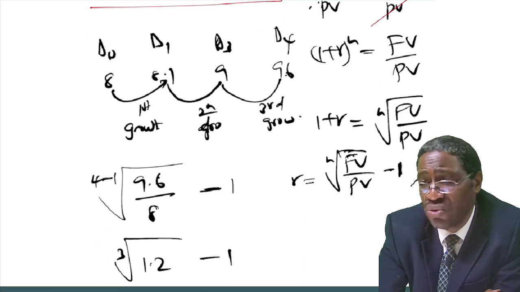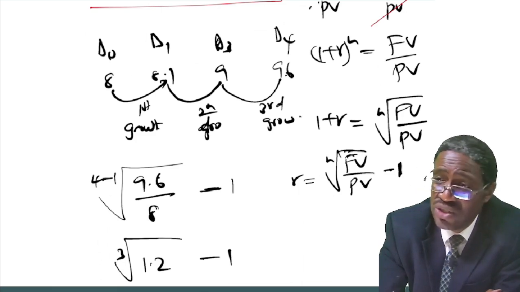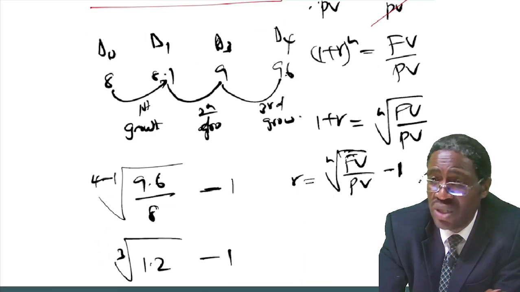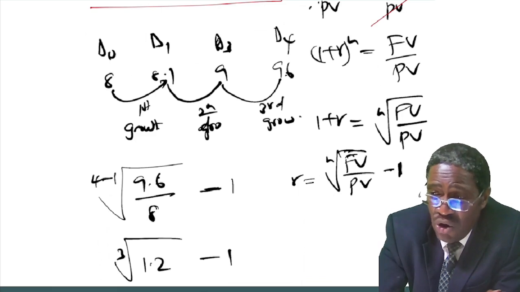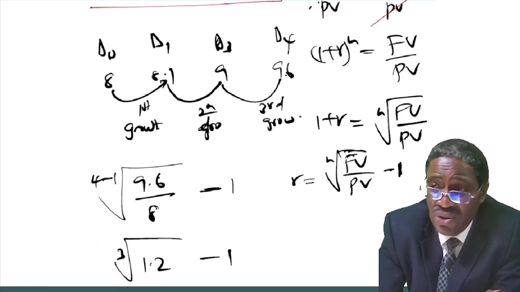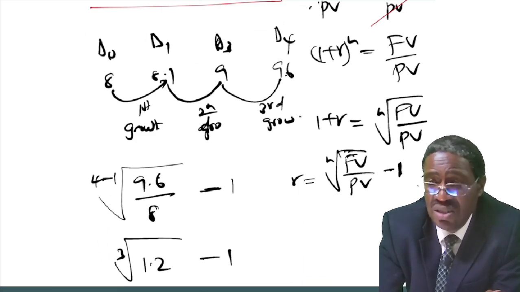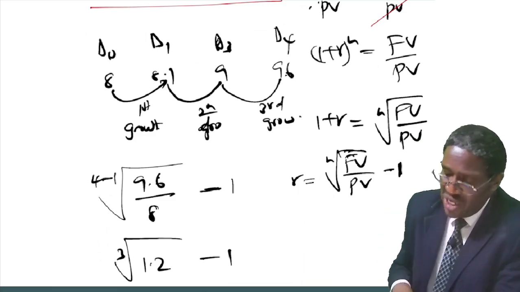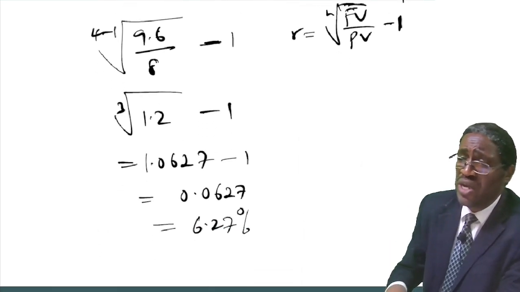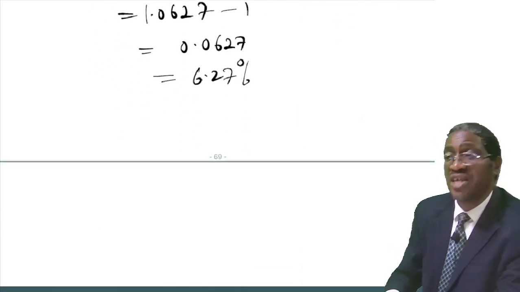Then you divide those two. Whatever you get, you take the root of 4 minus 1. Why am I taking 4 minus 1? So that I get the number of growths. How many growths are there? 4 minus 1 is 3. Then you minus 1. Good. That's one of the ways of determining the growth rate.